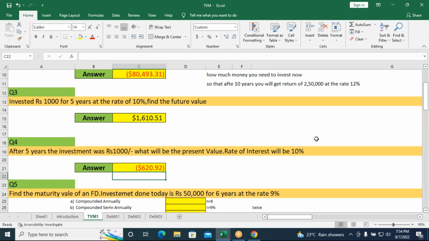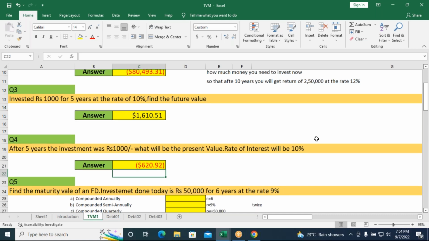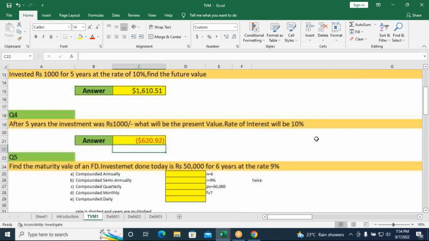Okay. So let's go for the next one. We'll do this and then we will stop. I have told till 8. So find the maturity value of an FD. Investment done today is rupees 50,000 for 6 years.